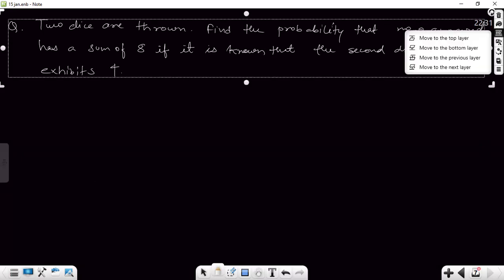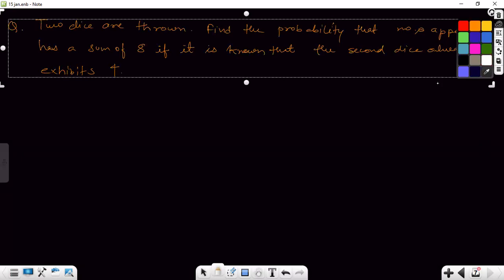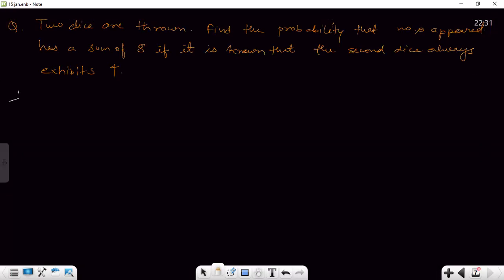Let me reread it again for you. Two dice are thrown and we have to find the probability that the numbers that appeared on both of the dice have a sum of 8. Just the favorable event. If it is known that the second dice always exhibits 4.